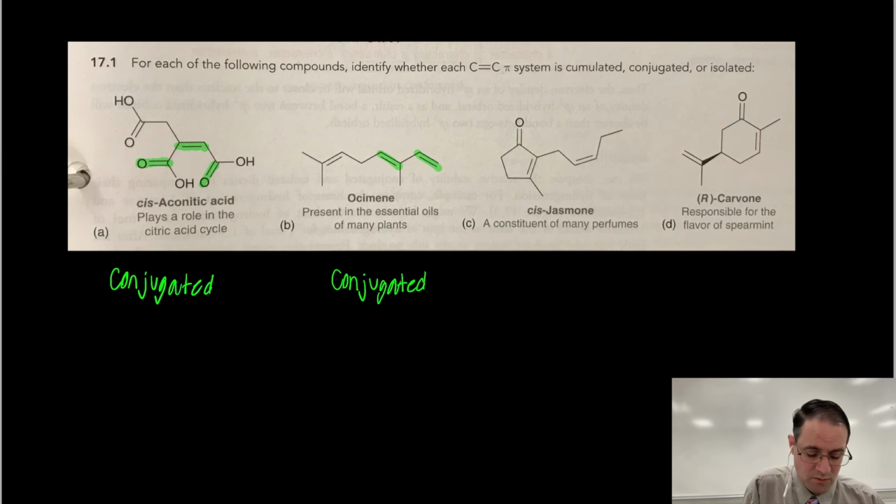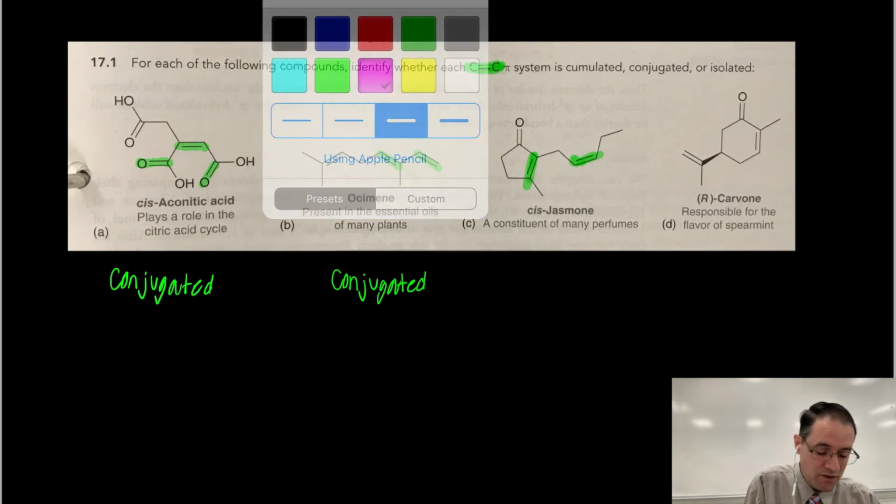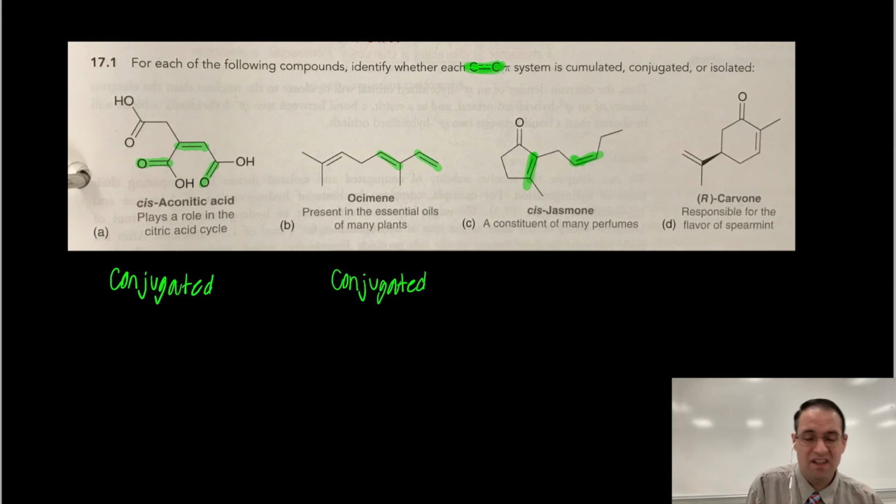Now, here, once again, the problem is very poorly worded, but we're analyzing just the carbon-carbon pi system, okay? So here's a carbon-carbon pi bond, and here's a carbon-carbon pi bond. And you can see how it is insulated or isolated by an sp3 hybridized carbon atom.